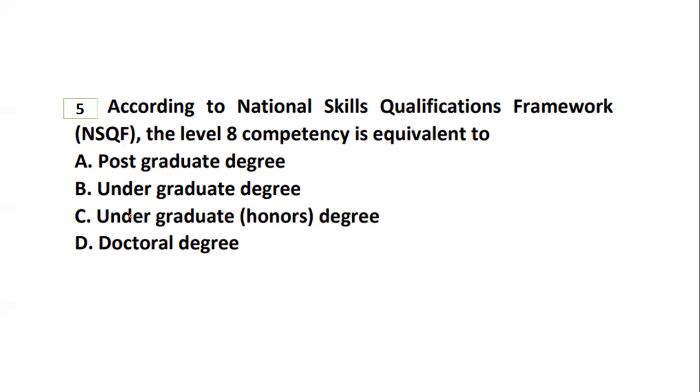Normally students get confused between options B and C, the graduate and the graduate honors. Both are similar, but graduate honors is designed to be at a higher standard than a normal bachelor degree. Keep in mind that curriculum wise, the curriculum requires a higher level of achievement, which comes under the honors degree. That is one of the doubts many students have, which I've sorted out.